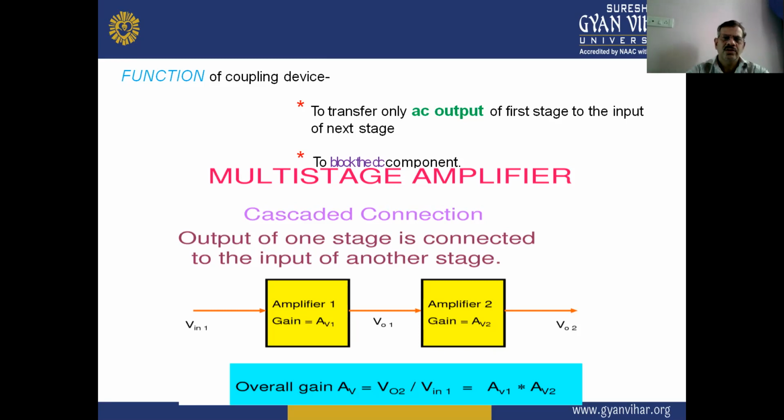The capacitor blocks the DC component and passes the AC component. So the output of one stage is connected to the input of another stage. Here the overall gain is A_V equal to V_o upon V_in, which equals the product of the two stage amplifier gains, A_V1 multiplied by A_V2.